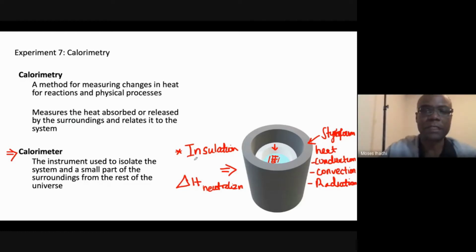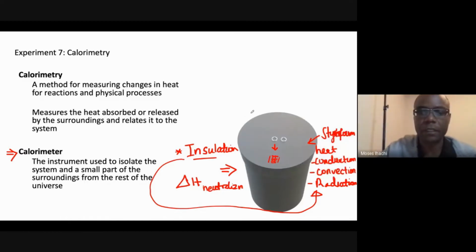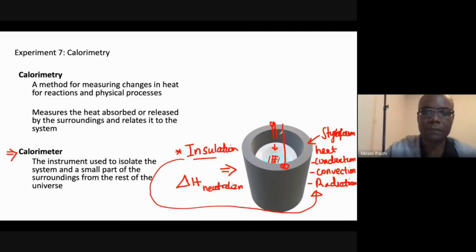So that's why we need the insulation. You're trying to prevent all 3 types of heat loss. So this setup is called a calorimeter. Once it's done, we cover it. Then up here, we're going to have a stirrer that goes into the inner cup. And we're also going to have a thermometer. The thermometer will help you read the temperature.